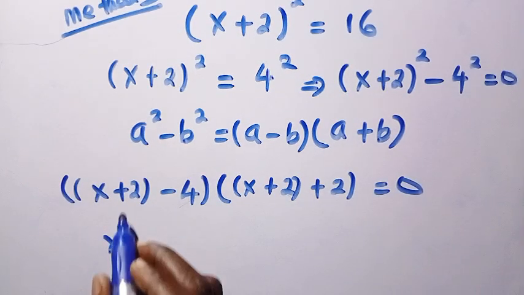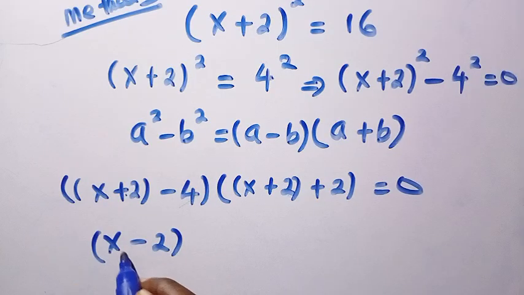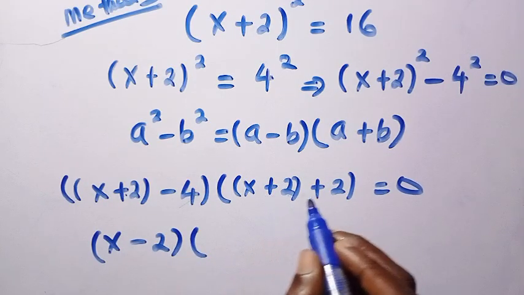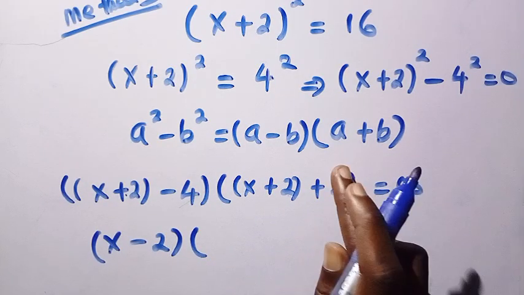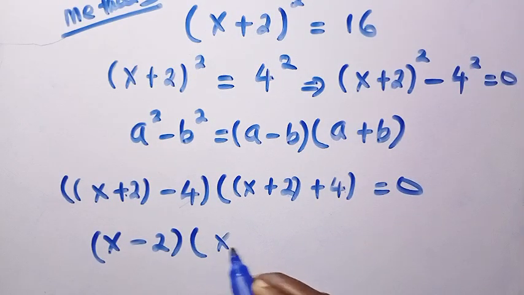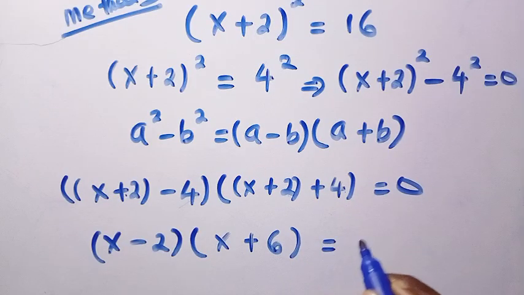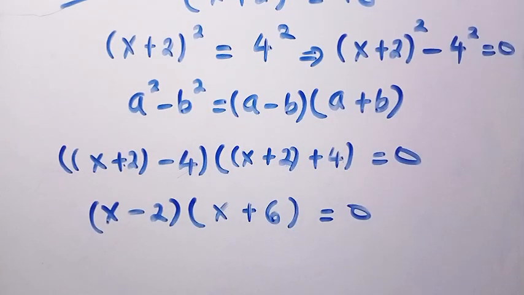So here we have x + 2 - 4, that gives us -2, so we have x - 2. And also x + 2 + 4, that is 6, so x + 6 = 0. I'm showing this step by step.